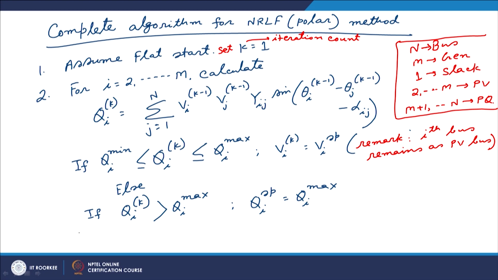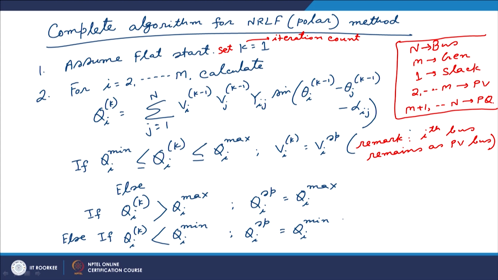and else if Q i k is less than Q i min, then Q i specified would be equal to Q i min, because in this case, if this generator is asked to absorb more than Q i min, obviously it would not be able to absorb more than this.